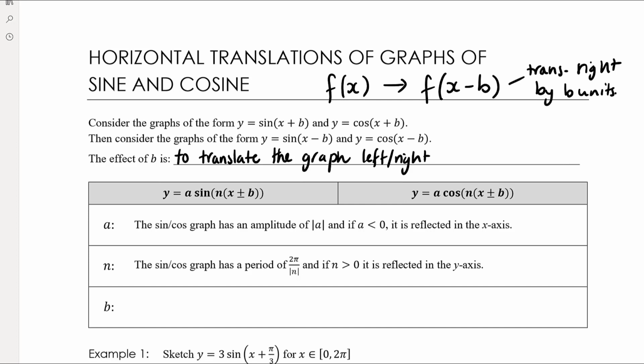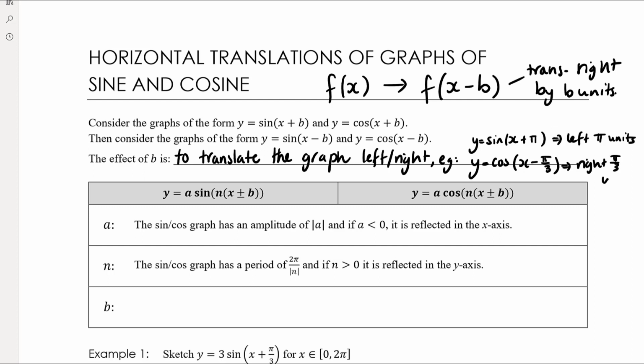So for example, if we had y equals sine of x plus pi, that means we've gone to the left by pi. If we have, let's do cosine just to mix it up, cosine of x minus pi on 3, this means we've gone to the right by pi on 3 units.